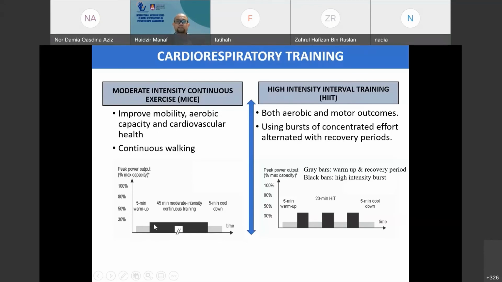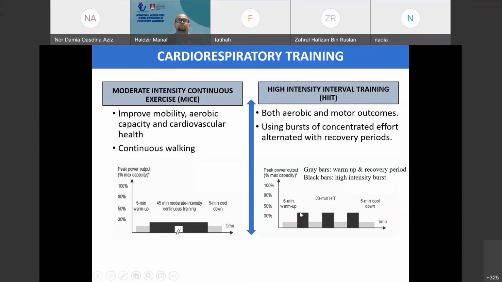Therefore, current studies have recommended high intensity interval training, because there are intervals in between the activity. So we have 5 minutes here, and then 5 minutes of 30% heart rate reserve, and then you can have the burst.